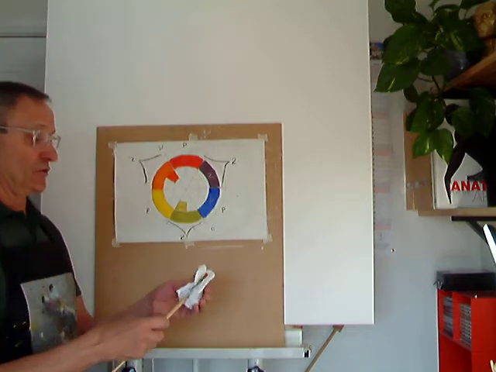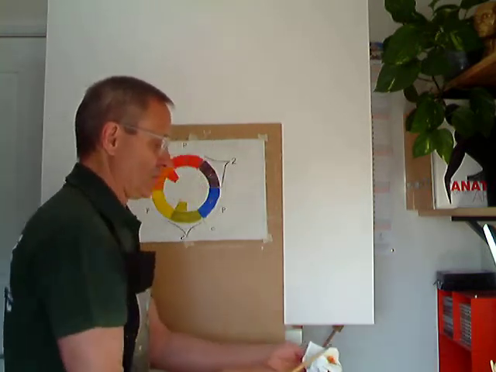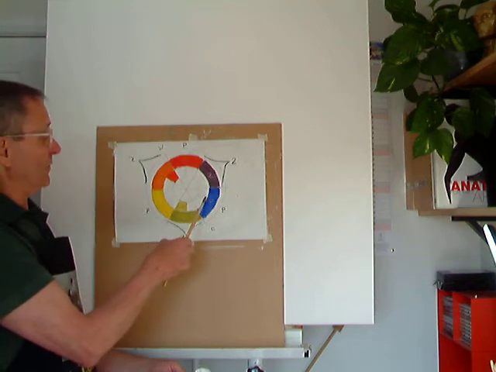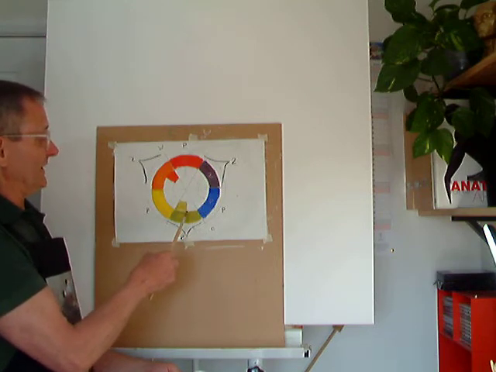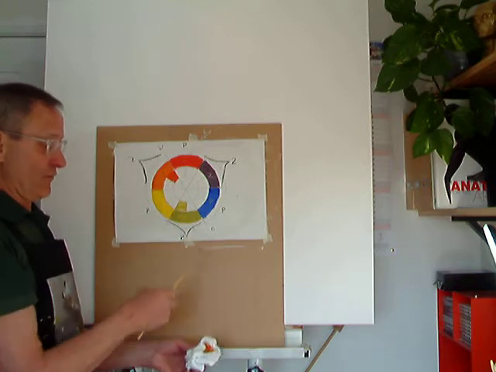In effect, you have 6 tertiary colours. So we'd have a red violet, a violet blue, a blue green, a green yellow, a yellow orange, and an orange red.